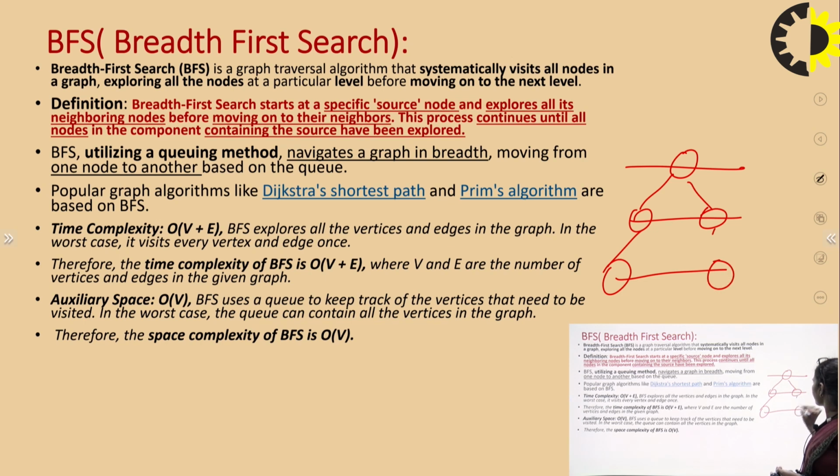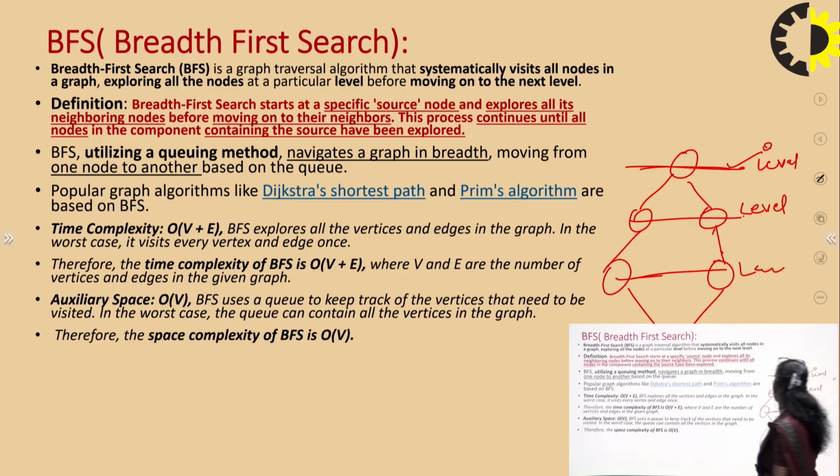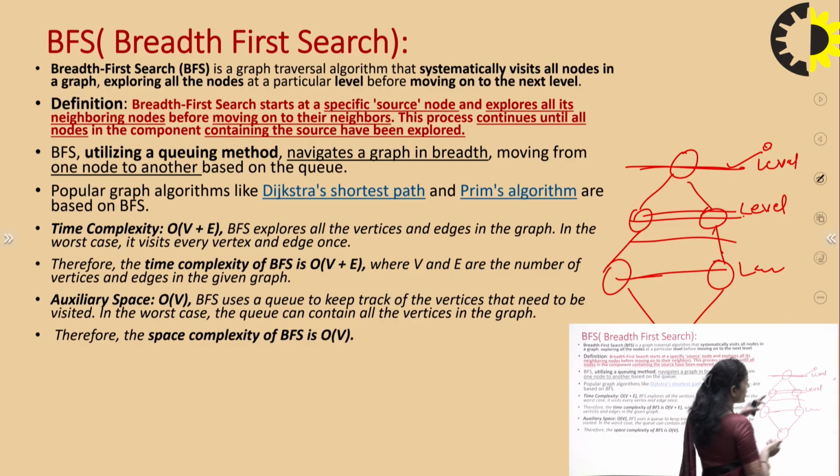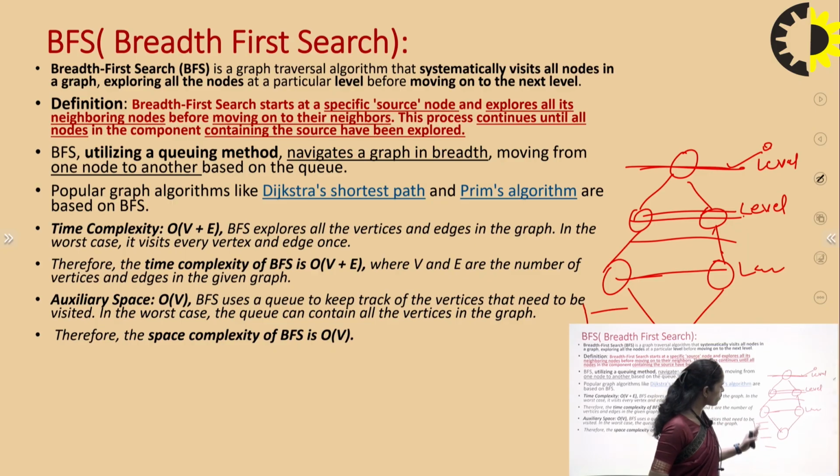These are level 0, level 1, level 2. For example, we have a building with a first floor, second floor, third floor and fourth floor. These floors are nothing but levels in a graph context, right?